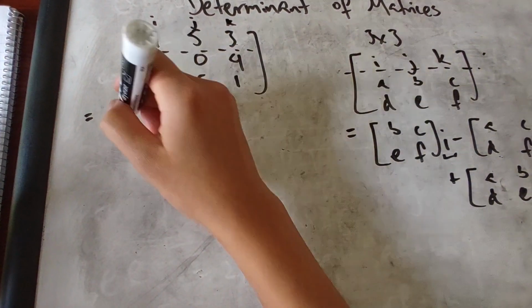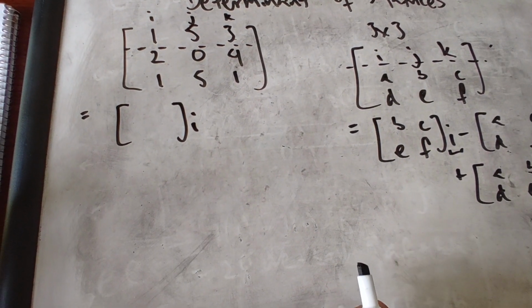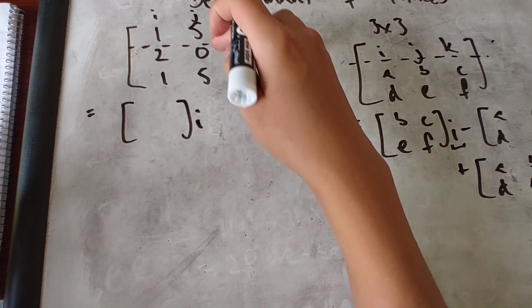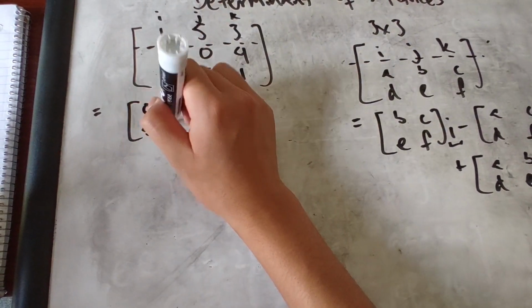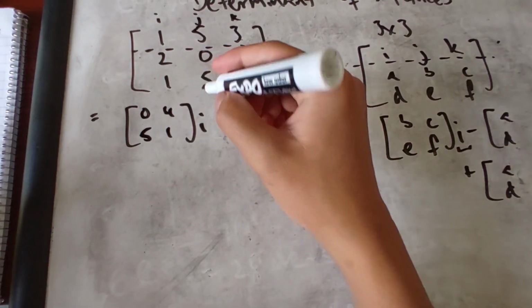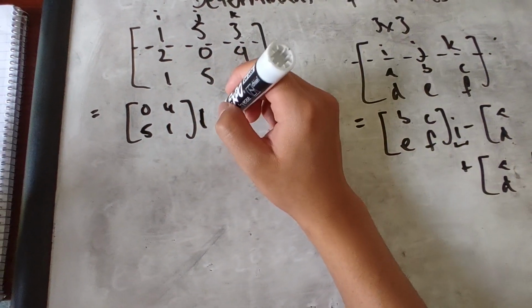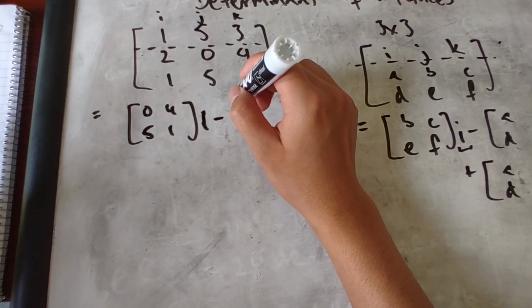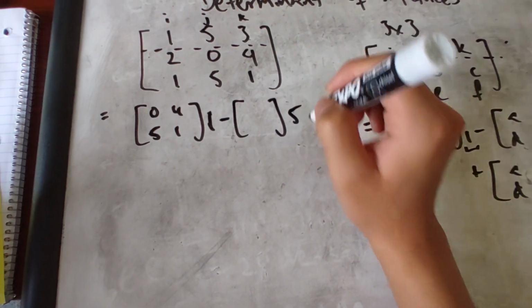So for the matrix that has I in it, this would be the values in columns J and K, which is 0, 4, 5, and 1. Now instead of putting I in there, we're going to put the value that is being substituted for I, which is 1. And it'll be minus the matrix times the value corresponding to J, which is 5.